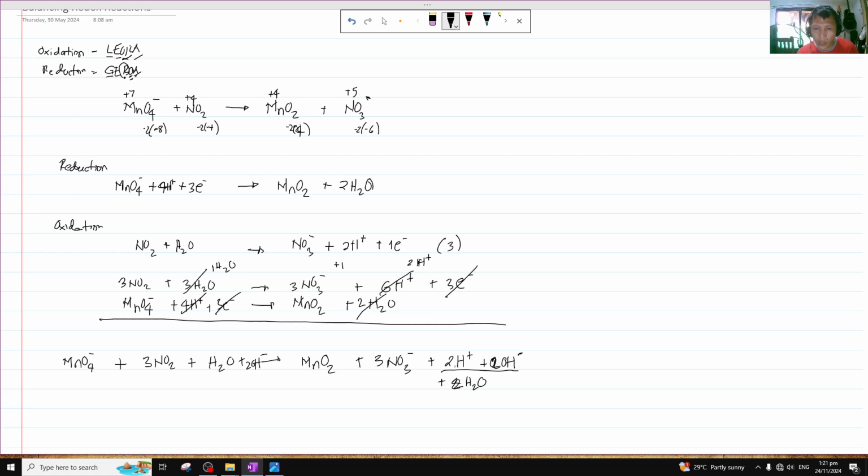How about for the charge? Since this is positive, this is negative, it cancels off because again it's a water molecule. Then we write down 3NO3 negative and then MnO2.